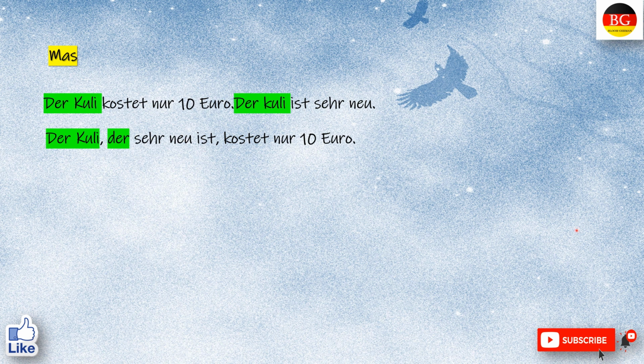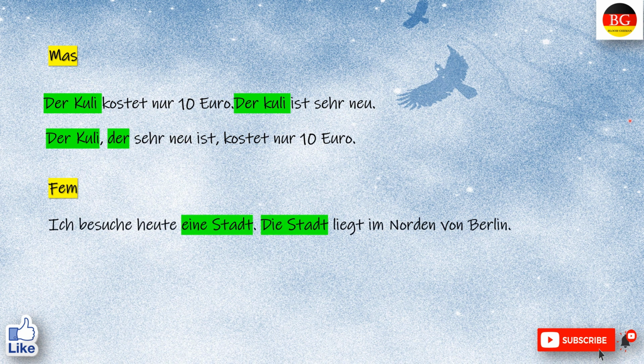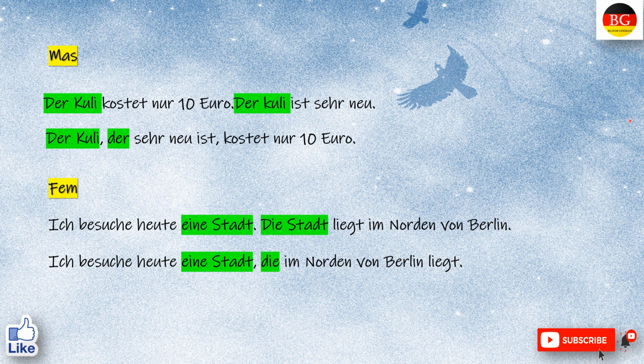Let's understand with one more example. This time we will take the feminine example. Ich besuche heute eine Stadt. Die Stadt liegt im Norden von Berlin. Simple sentence. Now, what is the common part in between these two sentences?